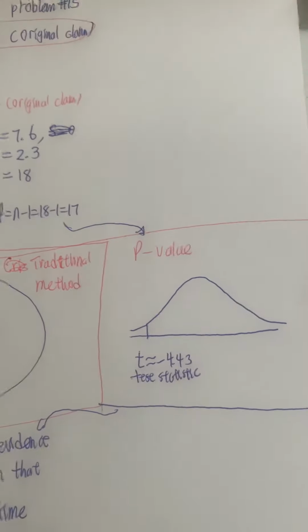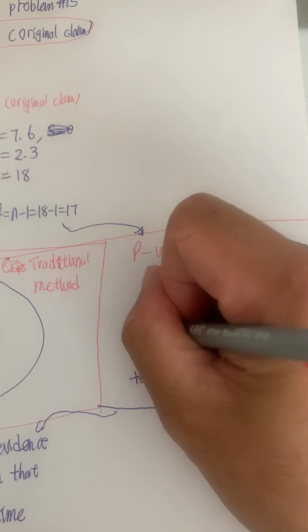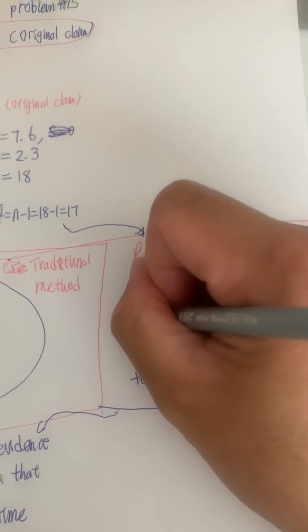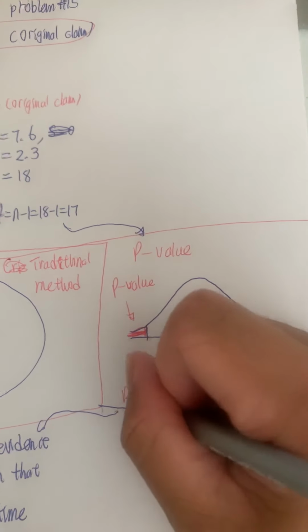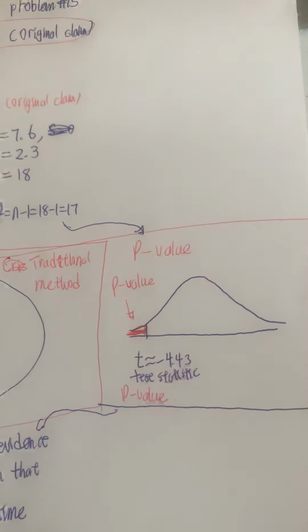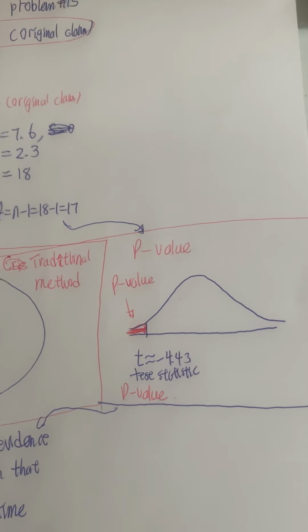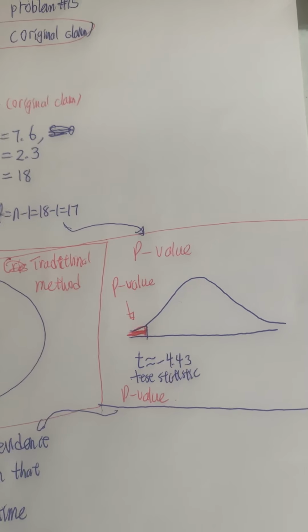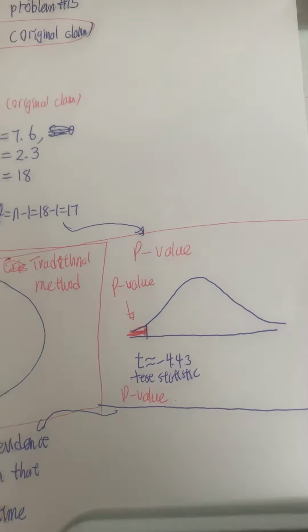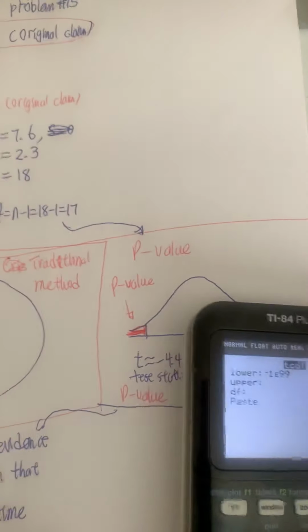And then here, the area is called the p-value. For the p-value, you might want to use the calculator, just like the normal CDF.